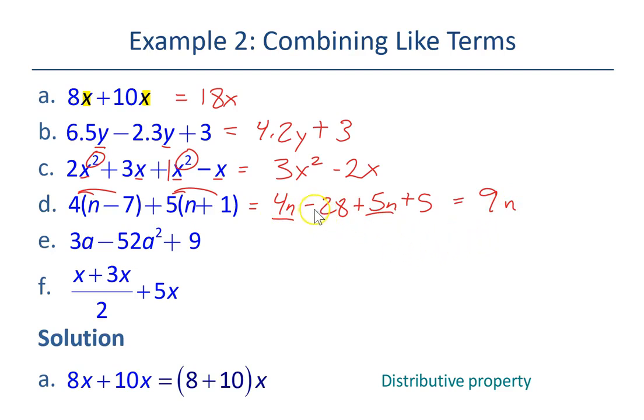Then I've got this negative 28 plus 5. Let's subtract those and keep the sign of the larger one. So it's going to be a negative 23, and that would be simplified.